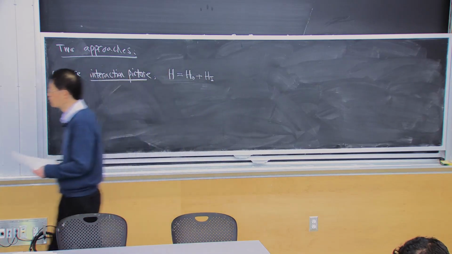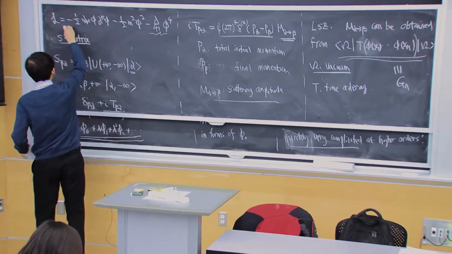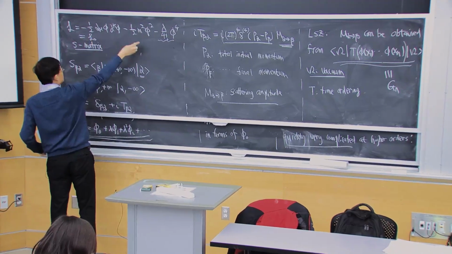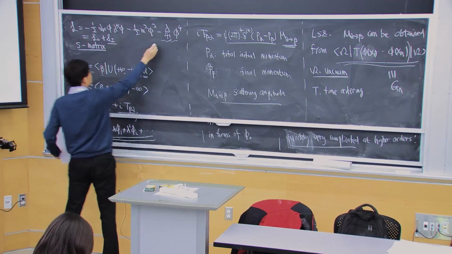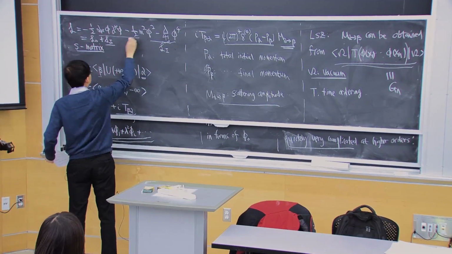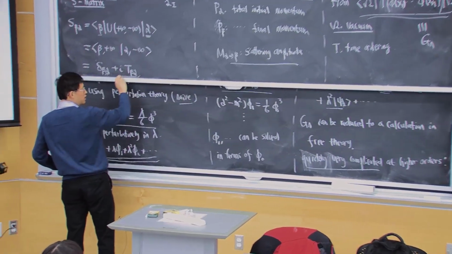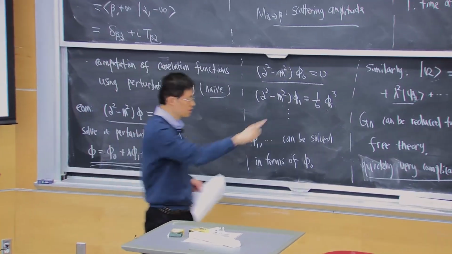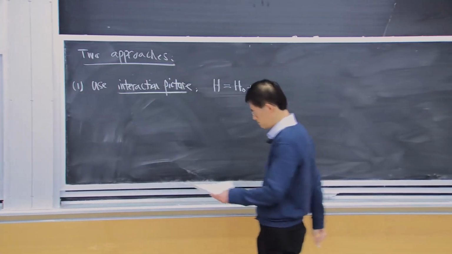If I write this as L0 minus that plus Li, this term is Li and this part is L0. Similarly, you can separate your Hamiltonian into the free-theory Hamiltonian and the interacting part.